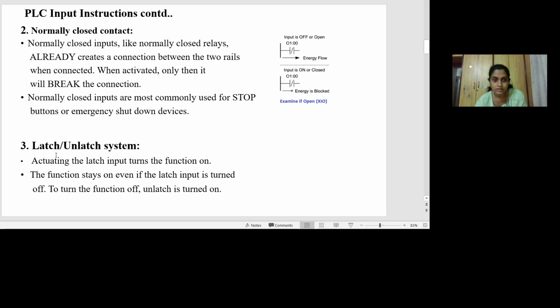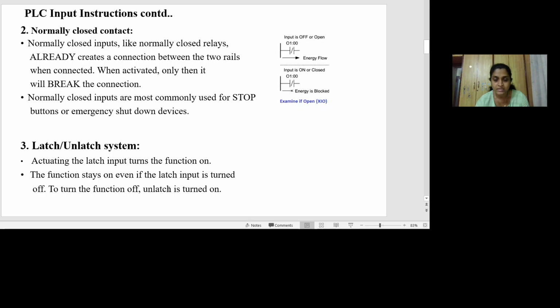And the third input instruction we use is latch and unlatch instructions. Here there are two inputs. When the latch input is on, the output element will be energized, and it remains energized until the on condition appears on the second input called the unlatch.